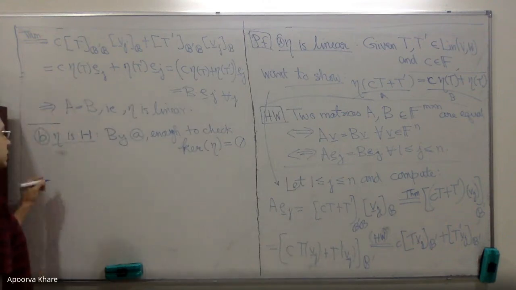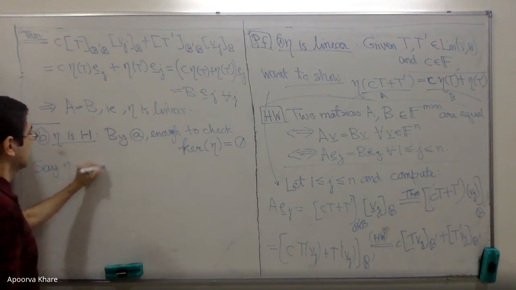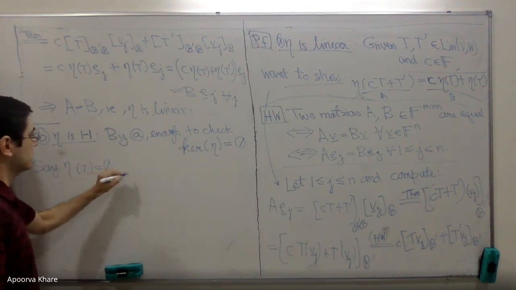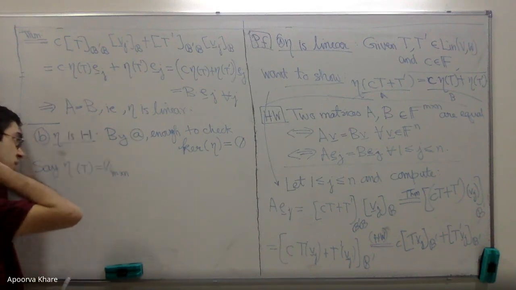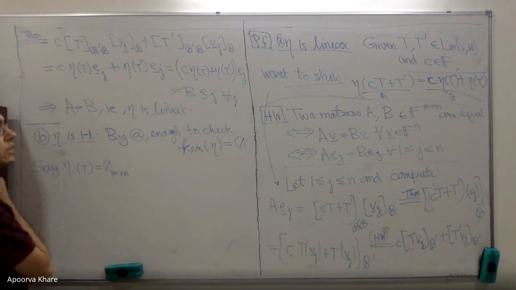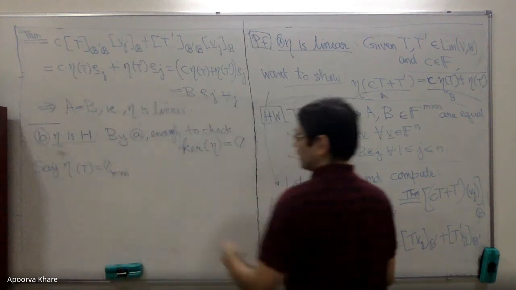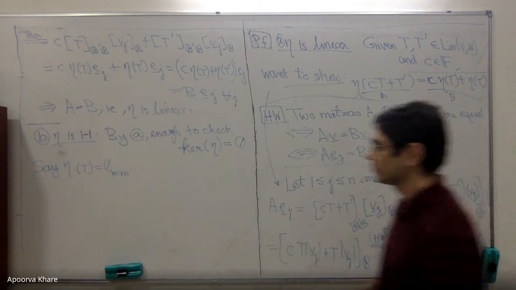Okay. So now say eta of t is 0. This is the 0 matrix, M cross N, because the image of eta are matrices. So the claim is only the 0 linear map can work. Again, let's multiply that by ej.